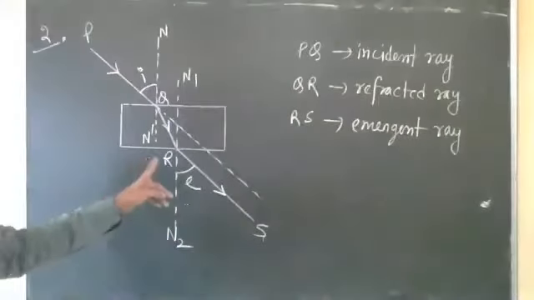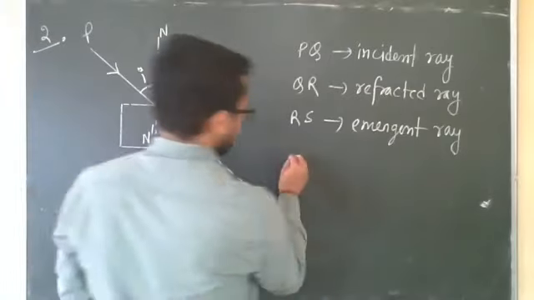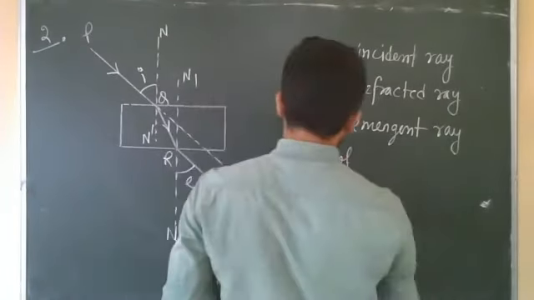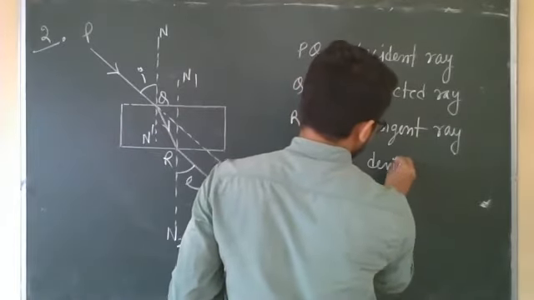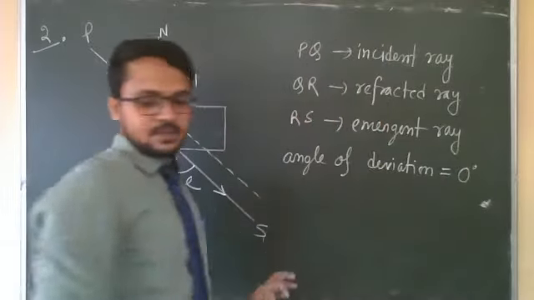Angle of deviation here: PQ and RS are parallel, so the angle of deviation is equal to 0. Parallel means the angle between two parallel rays is 0. Angle of deviation equals 0 degrees.